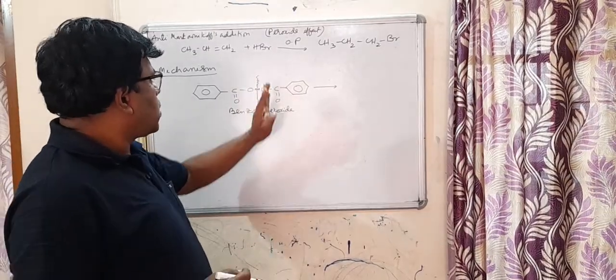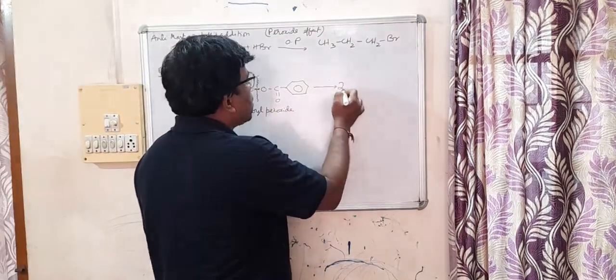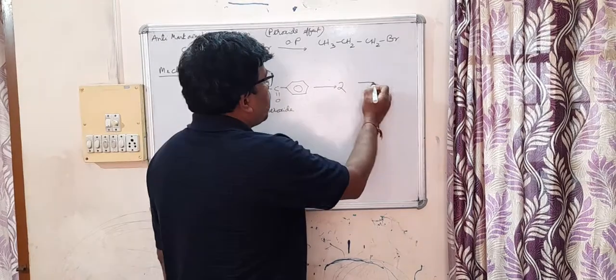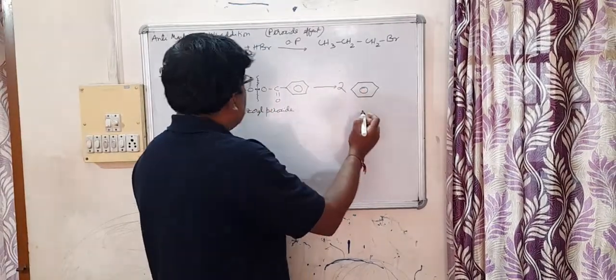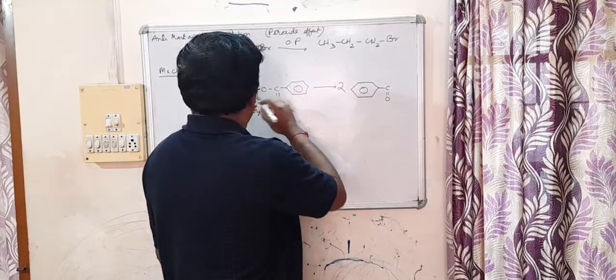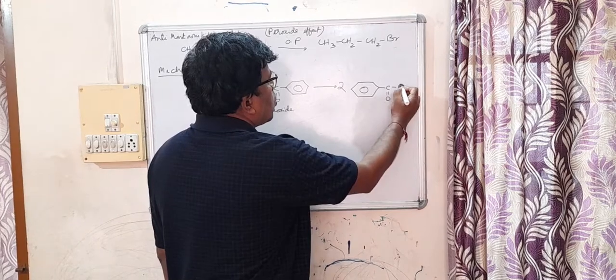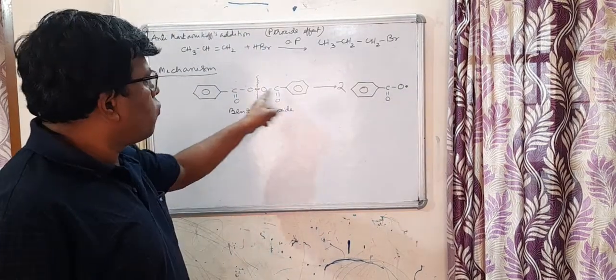This bond breaks, and from one mole we get 2 moles of C double bond O, O dot.